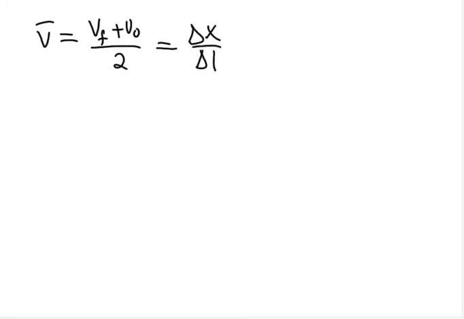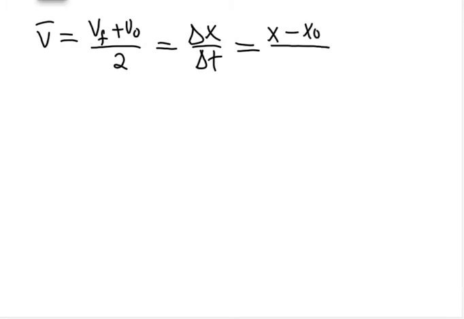So what we're going to start with is taking our average velocity. Average velocity is the final velocity plus the initial velocity divided by 2, which is delta x divided by delta t. Now delta x is the final position minus the initial position.